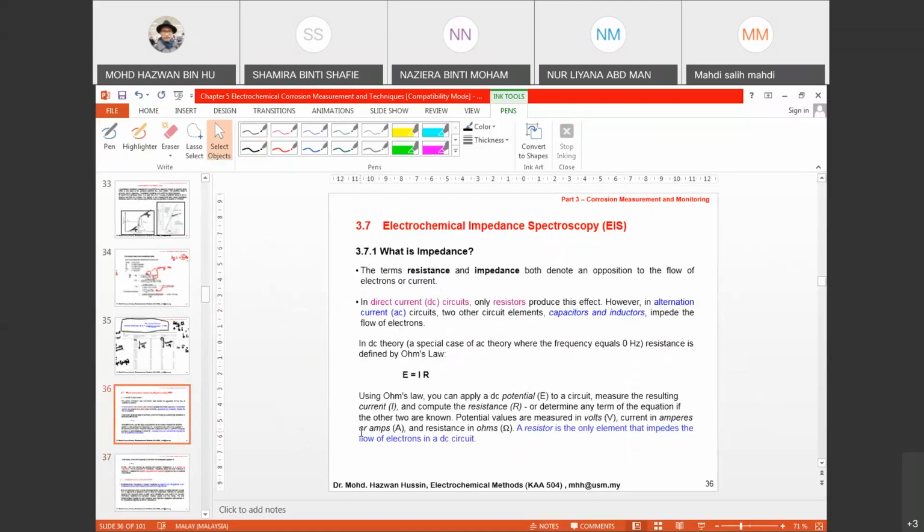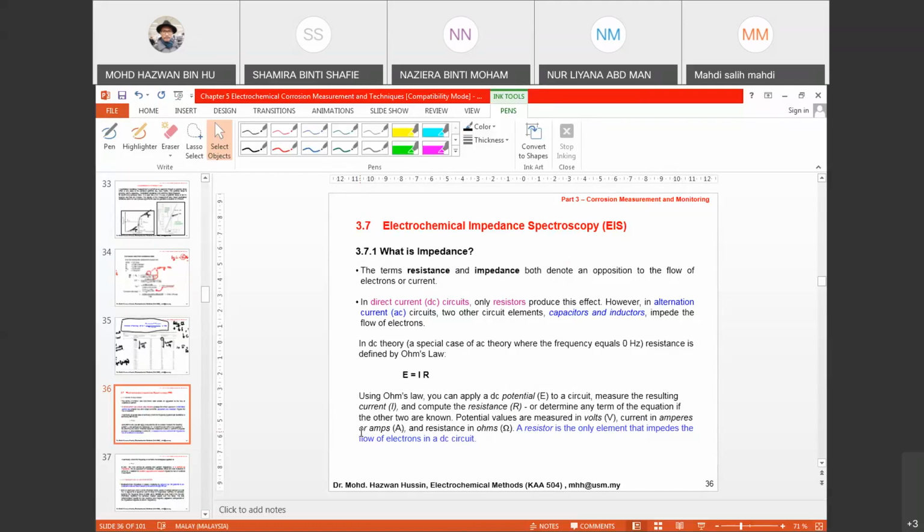Right, we are moving on to the other parts of electrochemical measurement for corrosion. This part is considered to be one of the longest parts in this chapter because, of course, for EIS, it will take some time to get the students to understand the phenomenon and the process.